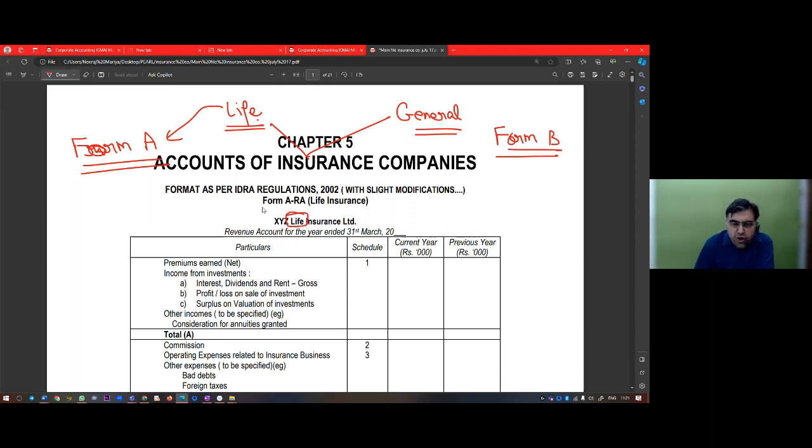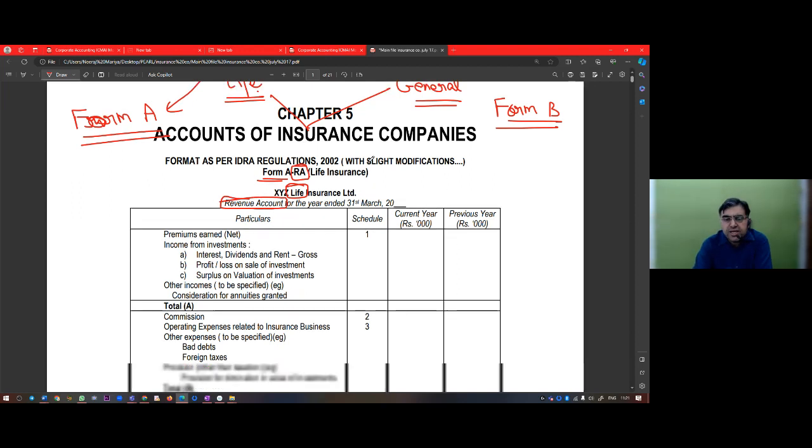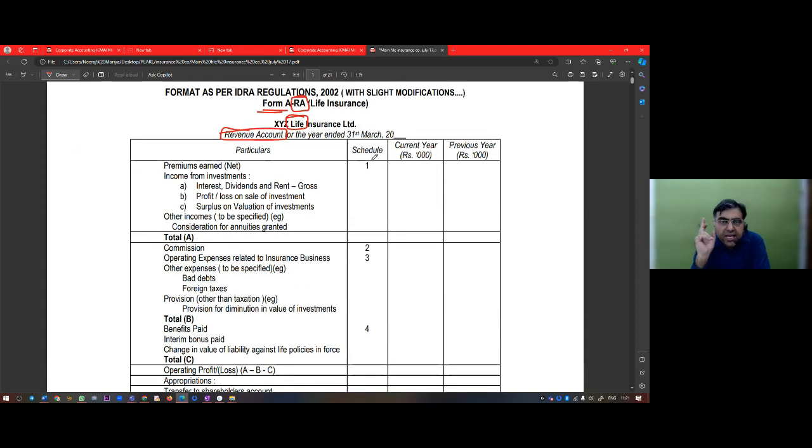This is Form A. Here the nominal account is called revenue account, RA, for the year ending. The main income for the insurance company is in this revenue account. You have to give figures for the current year as well as the previous year.